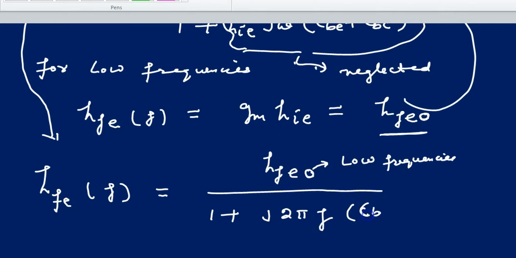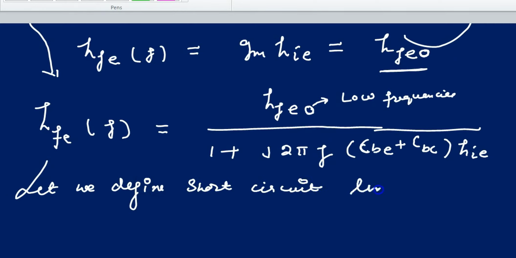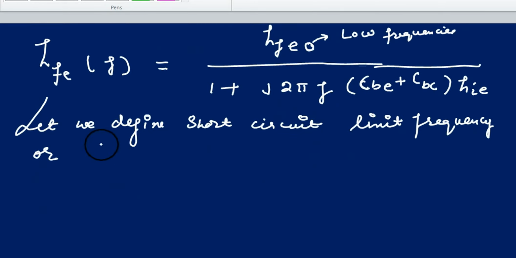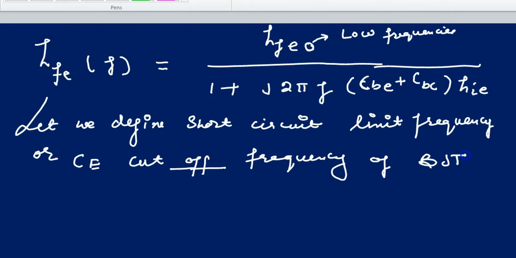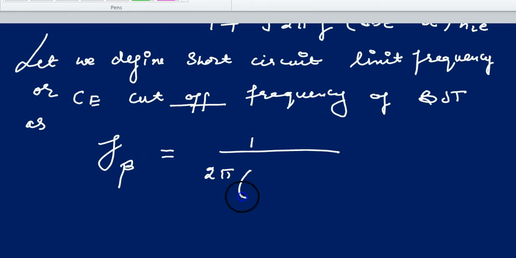Omega is 2 pi f by definition. Now we are defining a short circuit limit frequency, a new frequency, or CE cutoff frequency, defined as F beta. This is the common emitter cutoff frequency.